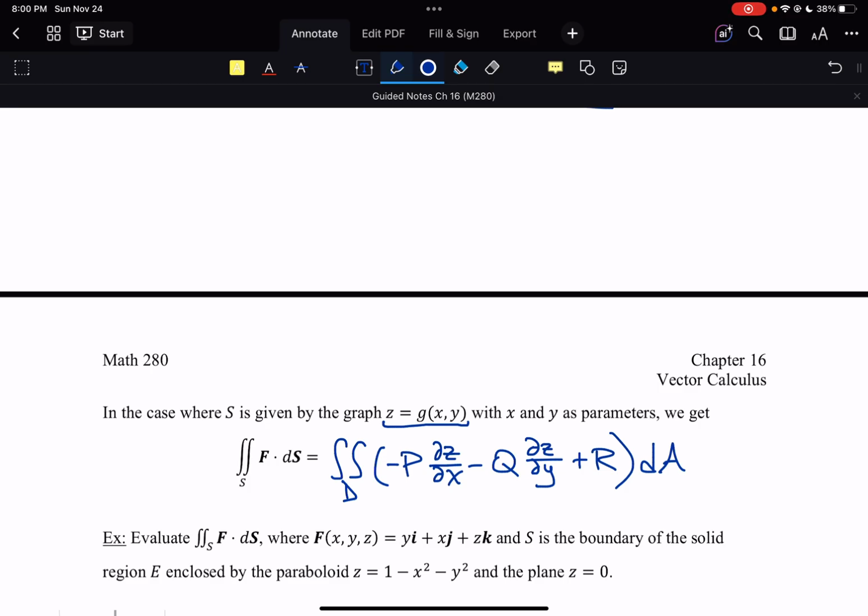So everything gets put in terms of x and y. P, Q, and R come from those components of the vector field.